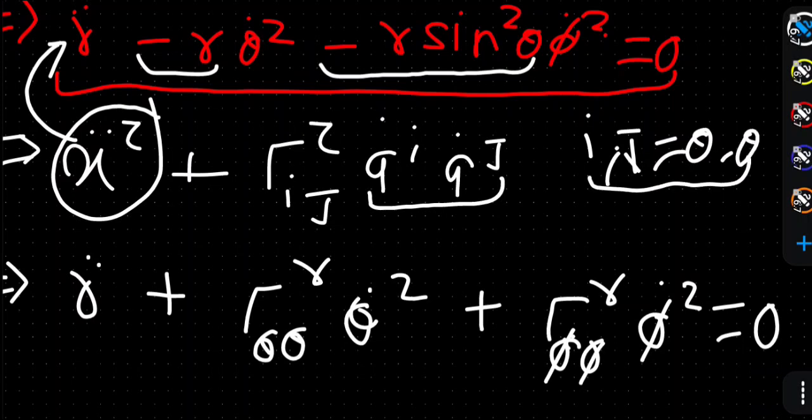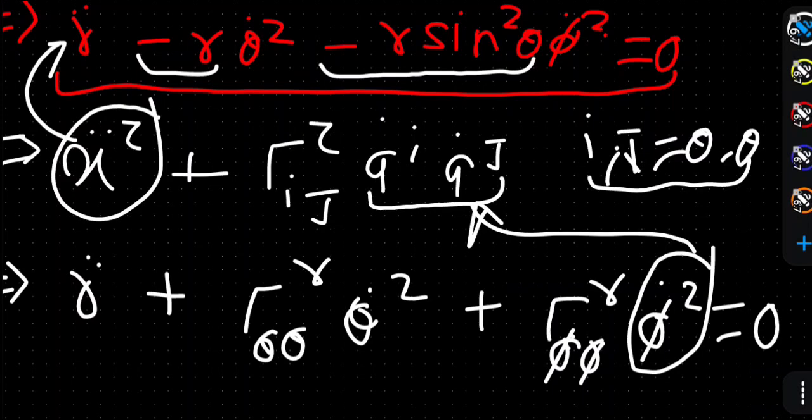That's why in the formula I have written theta. And the second situation you can see is φ̇². It means φ̇² is the role played by this. So our indices i and j are also φ, and you can see that here I have written phi. So ij is theta theta and ij is phi phi. So you can see here I have written two Christoffel symbols by comparing with the geodesic equation, and these are two very important things.